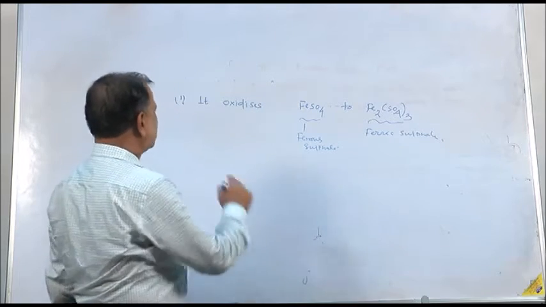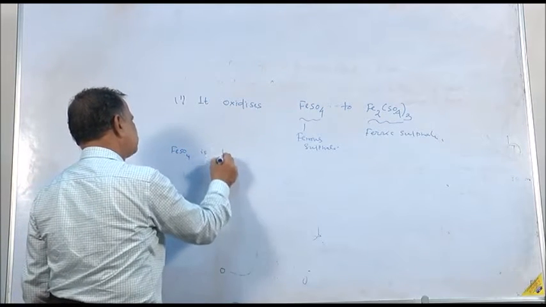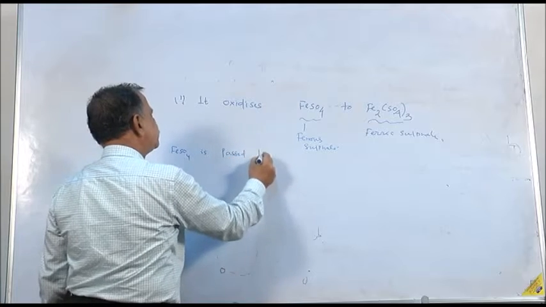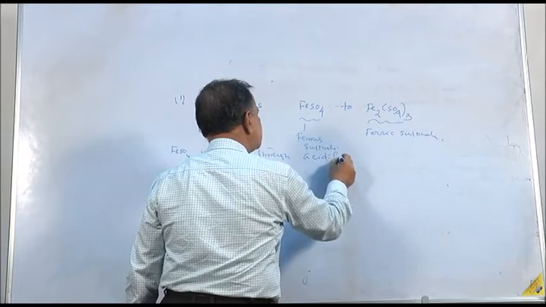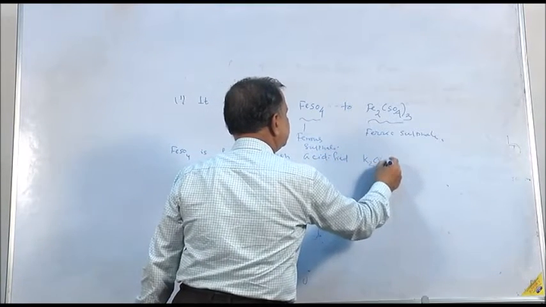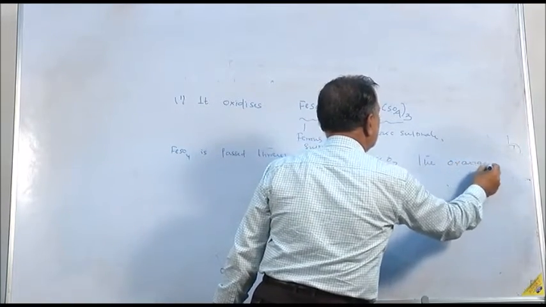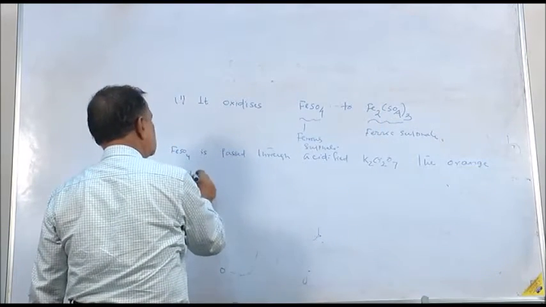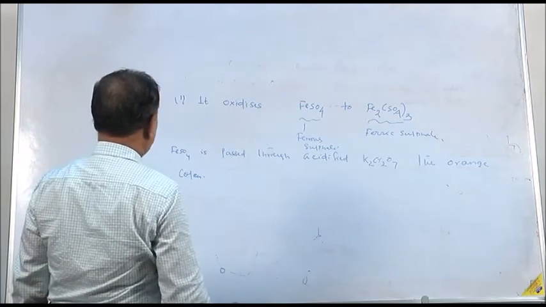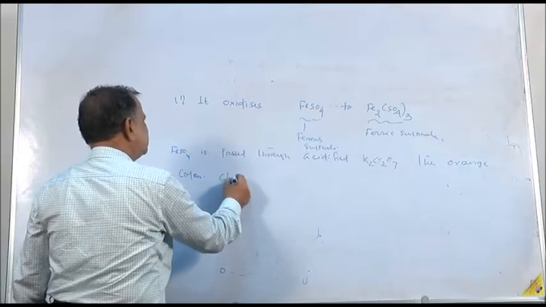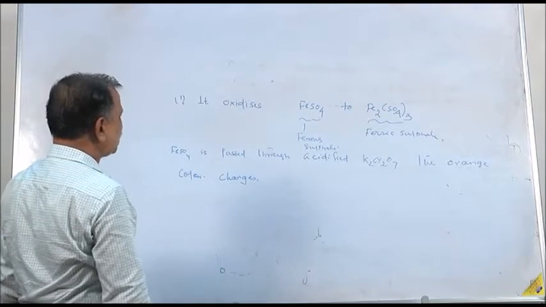The answer is, when ferrous sulfate is passed through acidified potassium dichromate, the orange color of potassium dichromate changes. Potassium dichromate color is orange. The color changes due to formation of ferric sulfate.